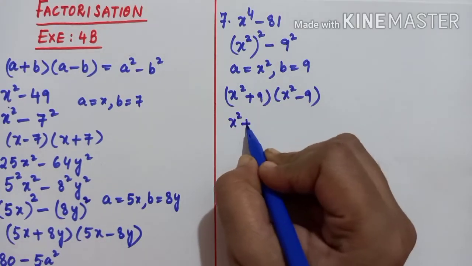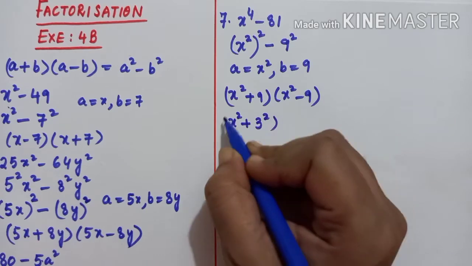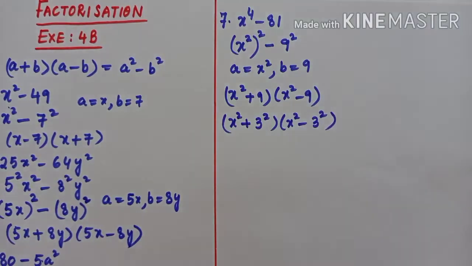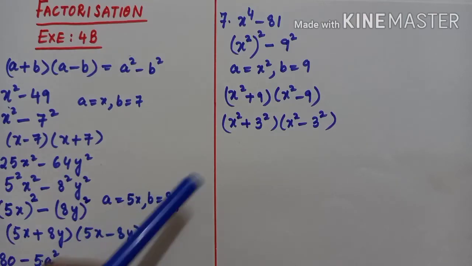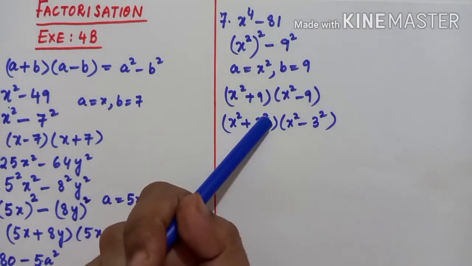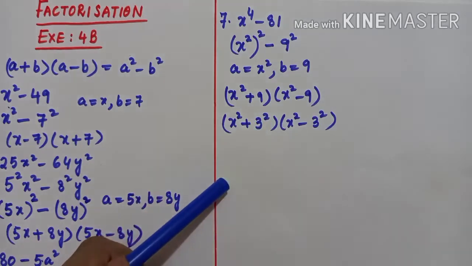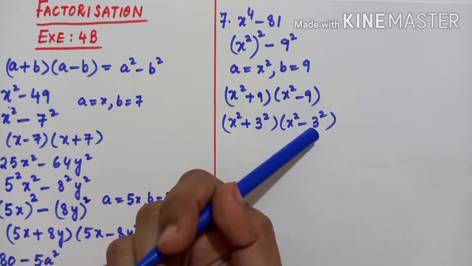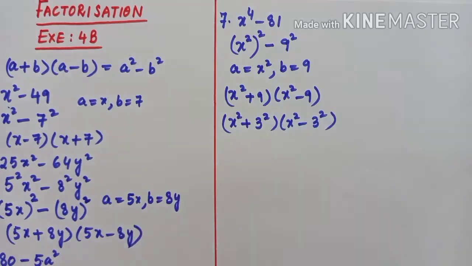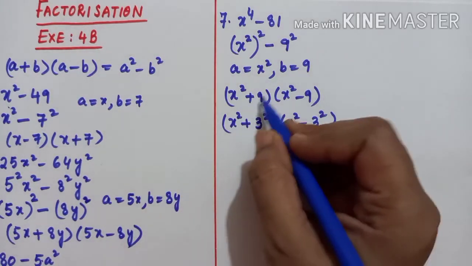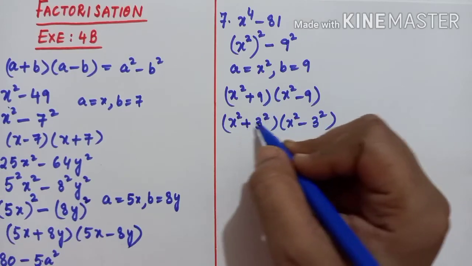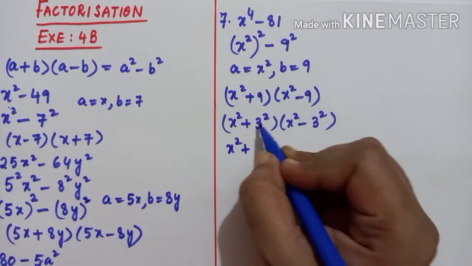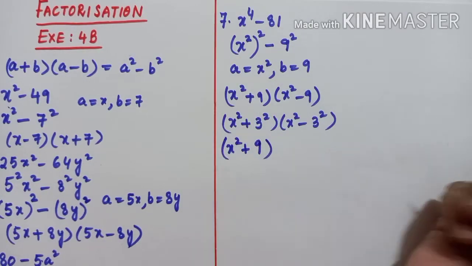So can you write this 9 as 3 square in x square minus 9? Yes. But x square plus 3 square, you just have to keep it as it is, because you can't expand it any further. So x square plus 3 square, let us just write as x square plus 9.